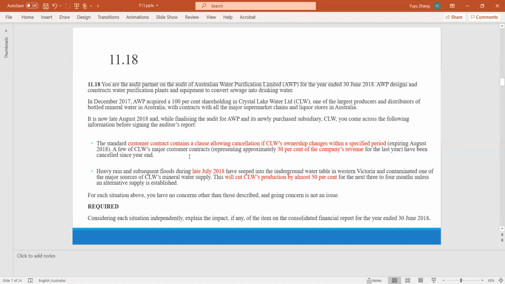So for the first one, that is new information, material, and also about the old condition, because the clause exists before the report date. So the impairment of the goodwill should also be adjusted. So in the first situation, that is old condition regarding newly known information. In that situation, adjustment needs to be made. Can I also know what type of adjustment needs to be made in this situation?